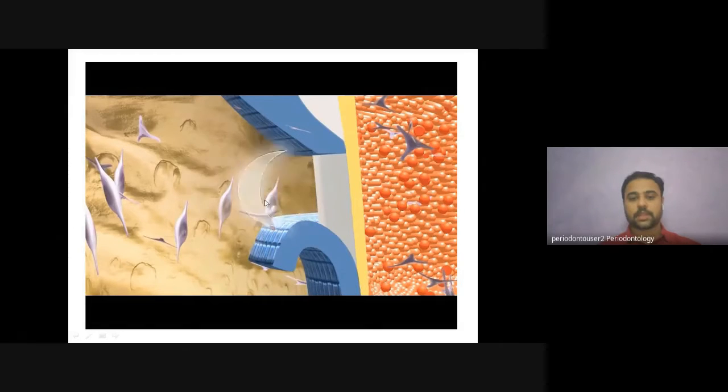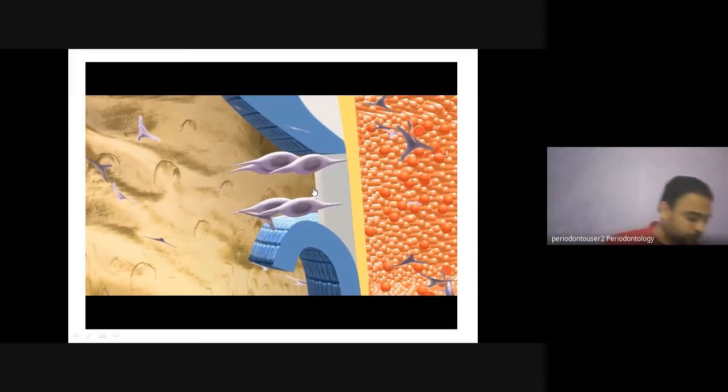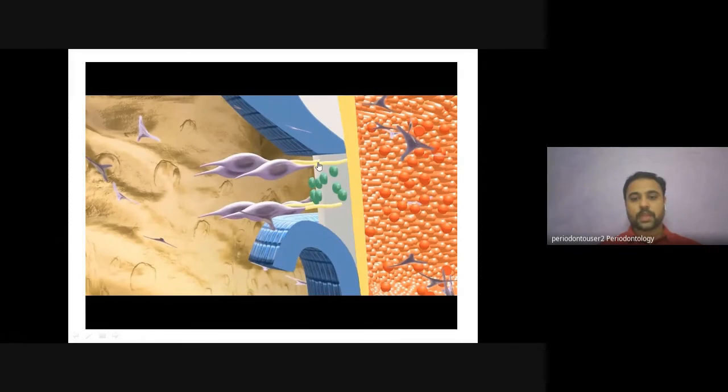This is your fibroblast cells. It gives a signal to the fibroblast cells, and the adhesion proteins will be released. The fibroblast cells will come and attach to your cementum, and form the periodontal ligament fibers.